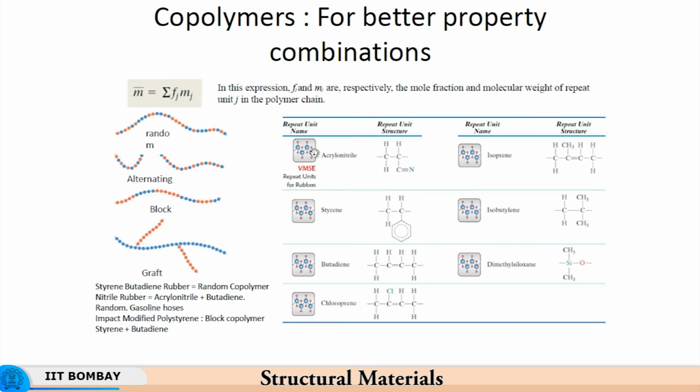So styrene butadiene rubber is a random copolymer because the styrene and butadiene are not arranged in any specific order. Had they been arranged this way, they would have been alternating. Had they been arranged this way, they would have been block styrene and butadiene. So that's the difference.